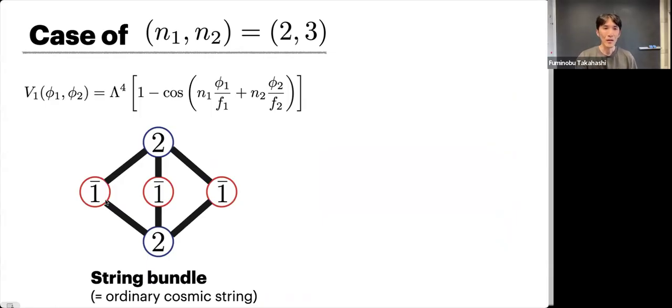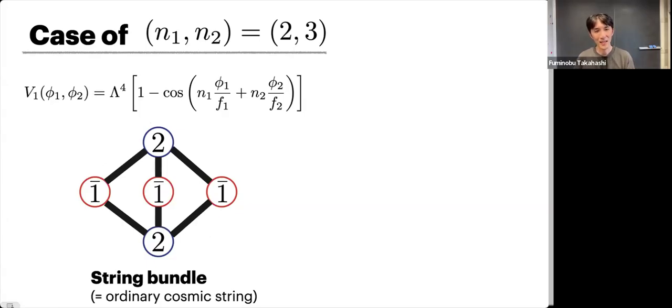As before, two domain walls are attached to phi1 strings, and now 3 domain walls are attached to phi2 strings. So as before, we could consider a string bundle that now consists of 2 phi2 strings and 3 phi1 strings, connected by domain walls like this.